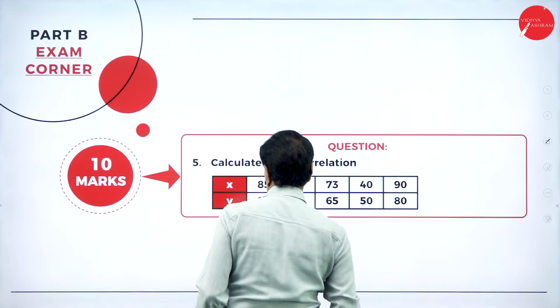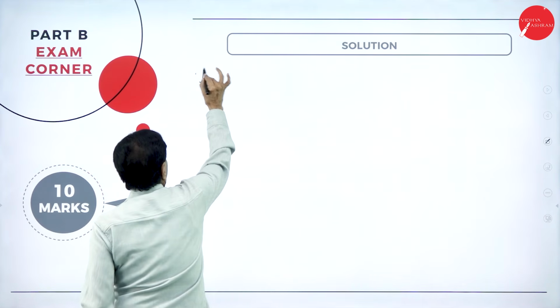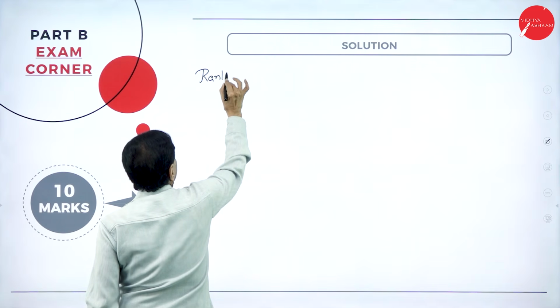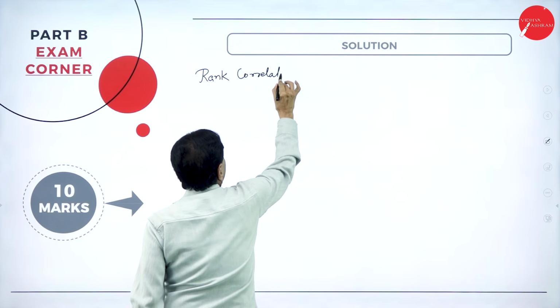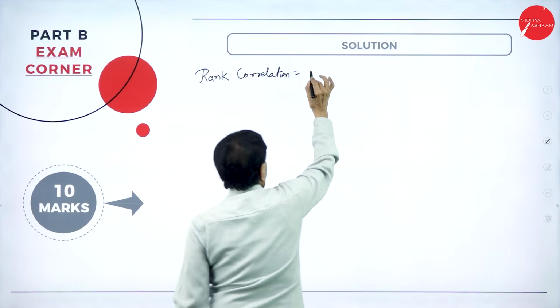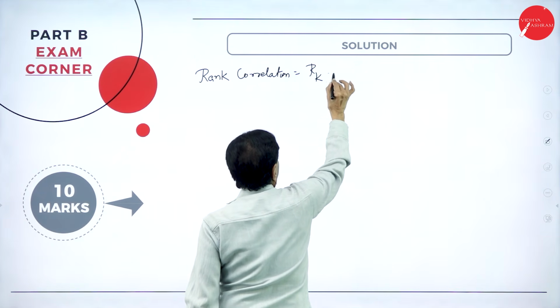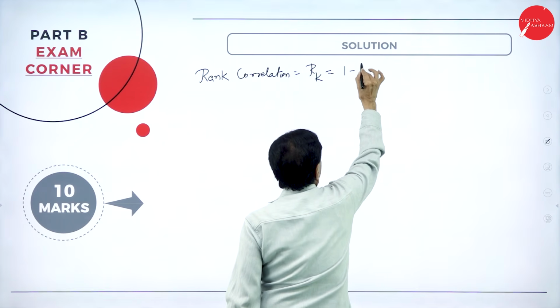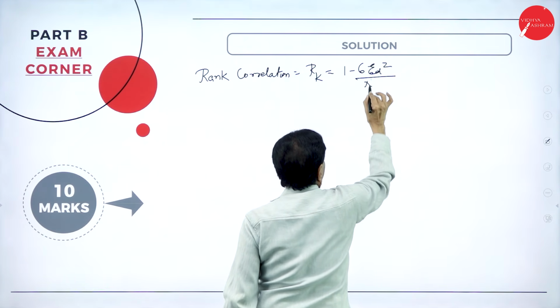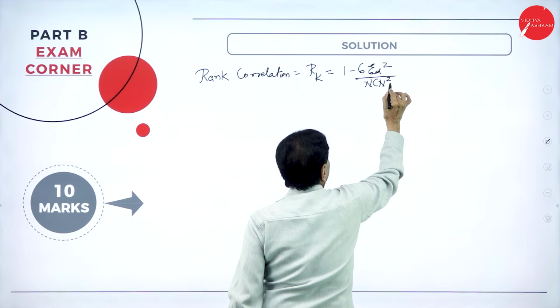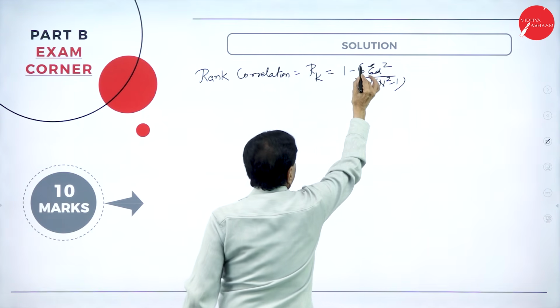Calculate the rank correlation. Rank correlation is equal to 1 minus 6 sigma d square divided by n into n square minus 1. This is your formula.